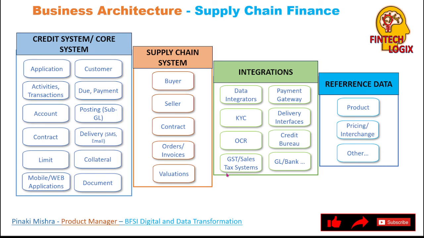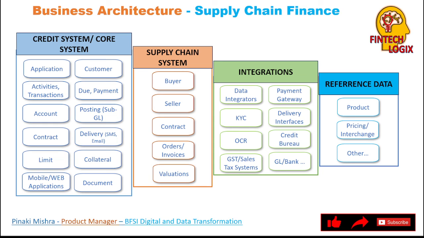In some cases we would need a GST or sales tax system, because this also acts as a very good data integrator for getting authenticity of the invoices and orders. And external GL and bank interfaces, to have your sub-ledger entries posted to GL, or the bank systems of your borrowers, that means your buyers and sellers.